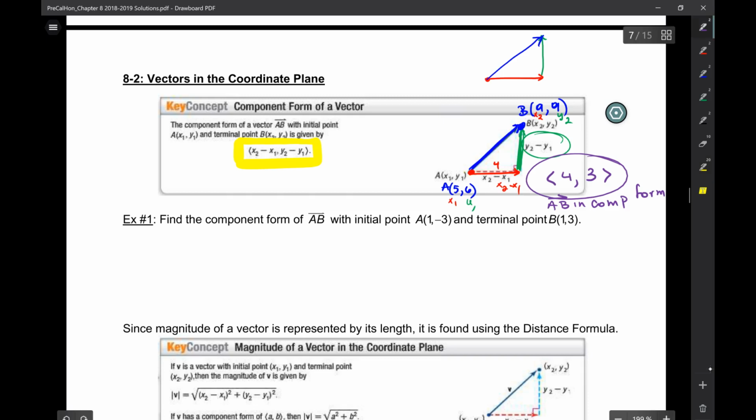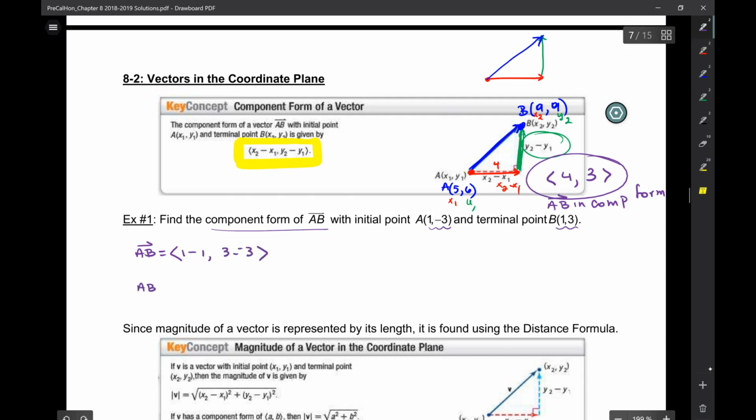In this one here, I want to find the component form of AB with initial point this and terminal point that. So let's do that. I say vector AB is equal to, and it's always B minus A. So 1 minus 1, 3 minus -3.